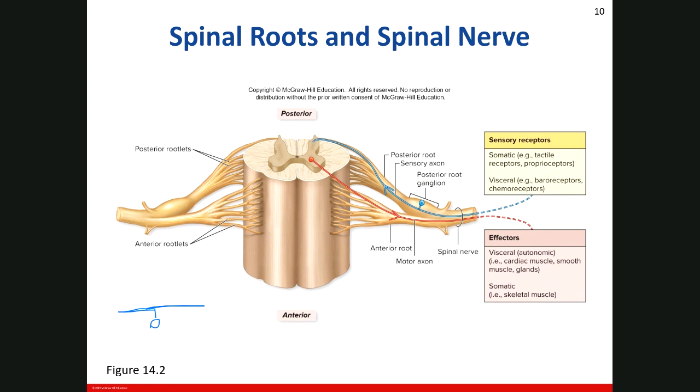All of our sensory neurons which come to our spinal cord are like this, and all of these cell bodies are accumulated in the dorsal root ganglia, and you can see it on the way of your posterior root. This is the other structure which you have in your spinal cord.